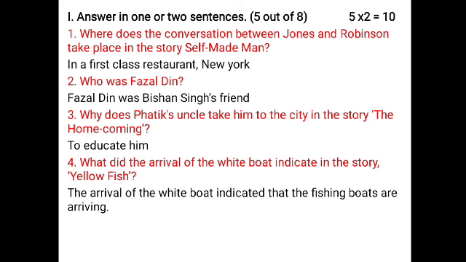Let us look at the first one. Where does the conversation between Jones and Robinson take place in the story Self-Made Men? This question is from the story Self-Made Men, written by Stephen Leacock, and this story is about two self-made men named Jones and Robinson, who met at a first-class restaurant and had their conversation.